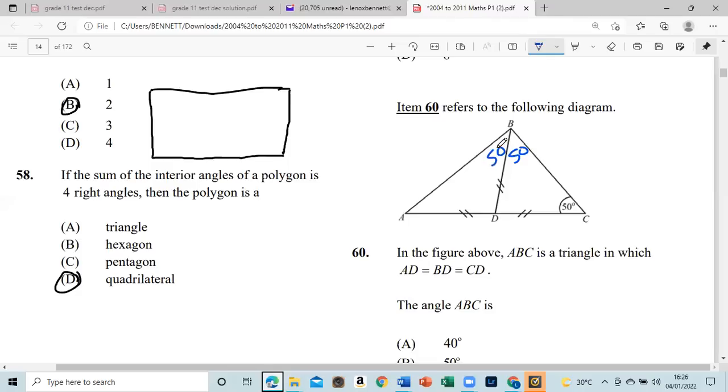No, why am I taking this up? No, this is 150. You only say that it's isosceles. Alright, so this is 50. That's 100.